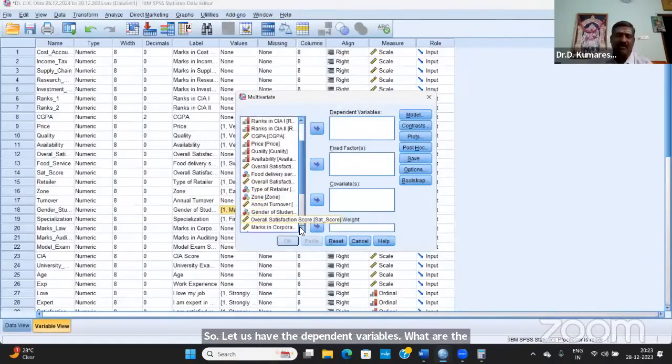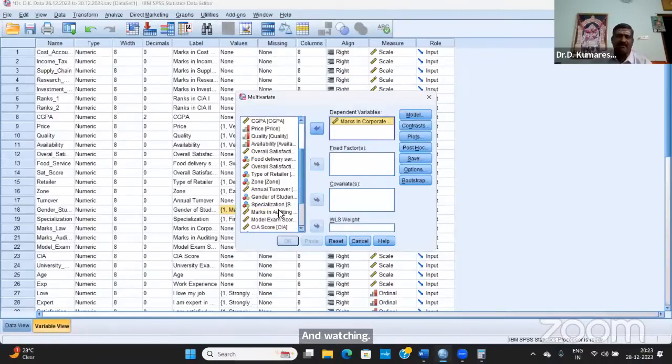Marks in corporate law and marks in auditing. They are dependent variables. Then gender and specialization. They are independent variables. Now click OK.